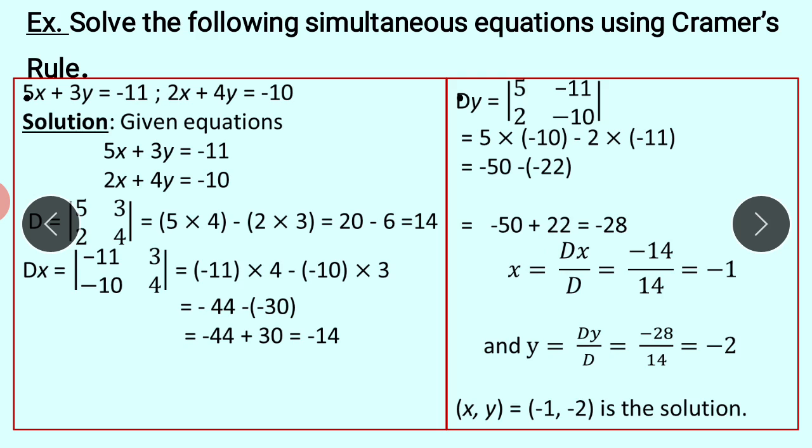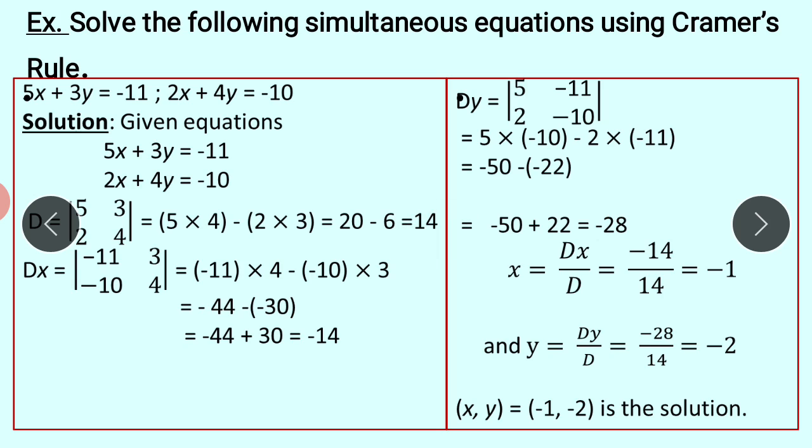Then use the Cramer's rule formula. X is equal to Dx upon D, which is equal to, Dx value is minus 14, D value is 14. So substitute the values. Then you get the answer minus 1. Y, the formula is y is equal to Dy upon D. Substitute Dy as minus 28, D as 14.